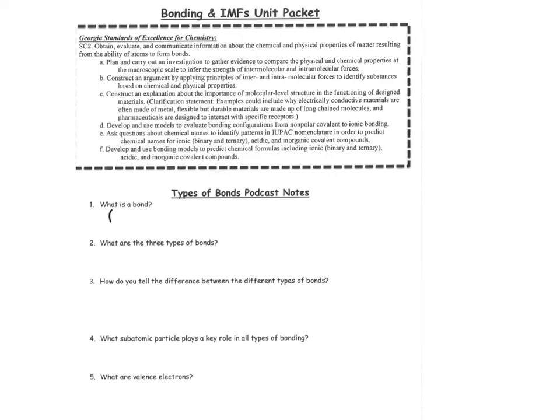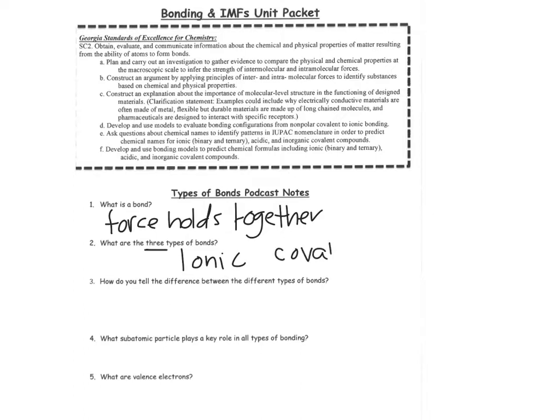So a bond is basically a force that holds stuff together. Okay, and we're going to talk about 3 different types of bonds. There are 3 major types of bonds. They are ionic, covalent, and metallic.